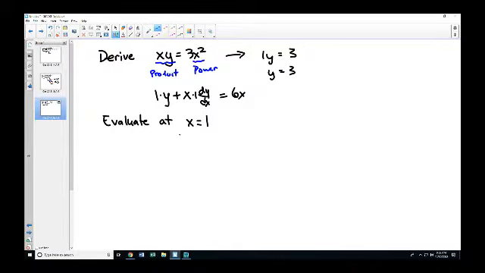So really this is the point (1, 3). Sometimes you're only given the x value and you have to calculate the y value. If x is 1, plug 1 in, so you get y equals 3.